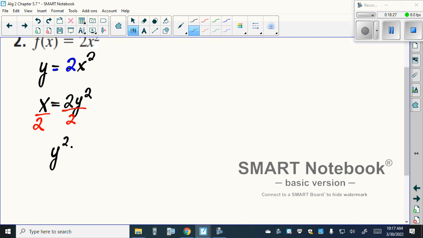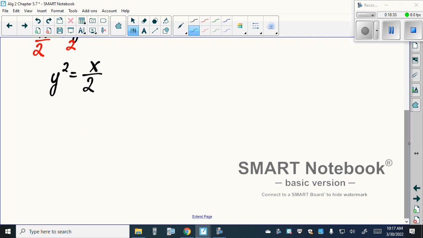So our y squared is equal to exactly x over 2. Now we would square root both sides because we need y by itself and y squared. The only way to simplify that square is by taking the square root of both sides.